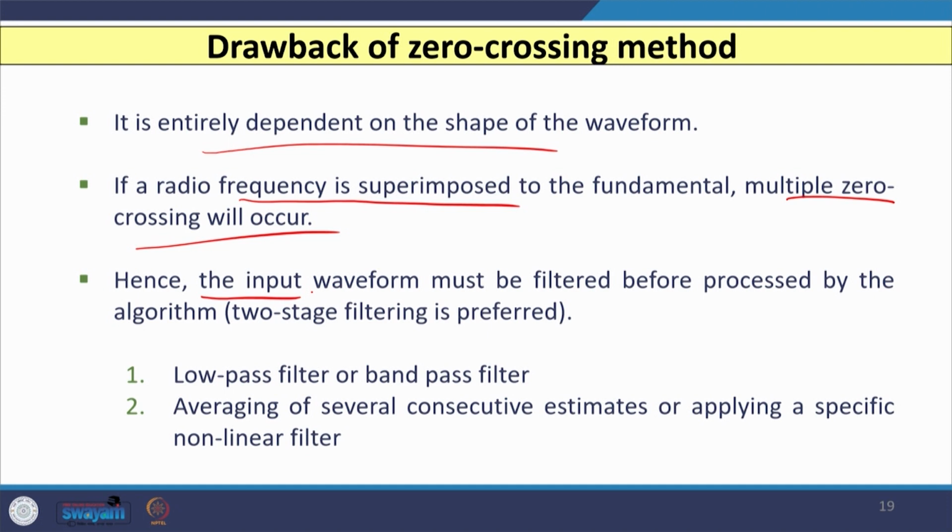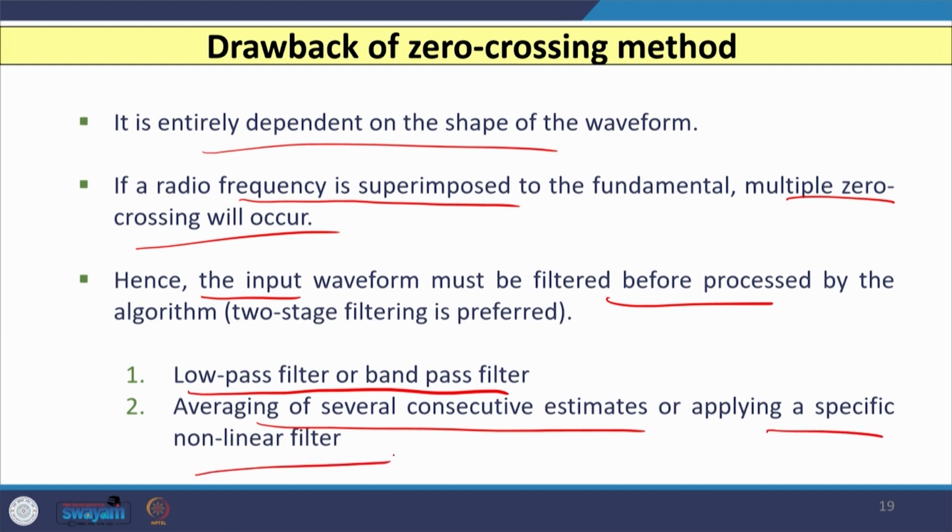Hence, to avoid this, the input waveform, when acquired, has to be filtered first, and that can be done by using a low pass filter. We have already discussed the anti-aliasing filter, or you may have averaging of several consecutive estimates, or you can apply a specific nonlinear filter which are available in the market.